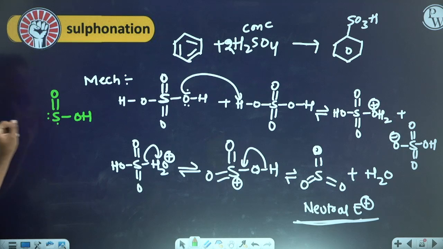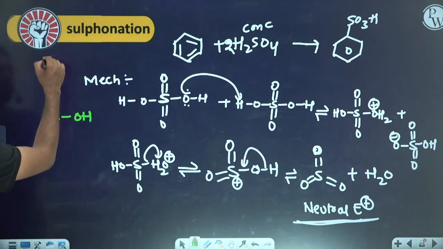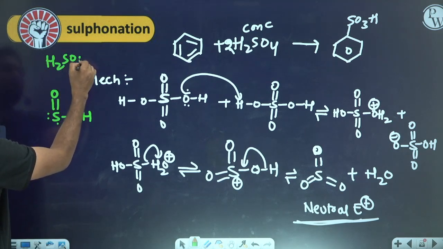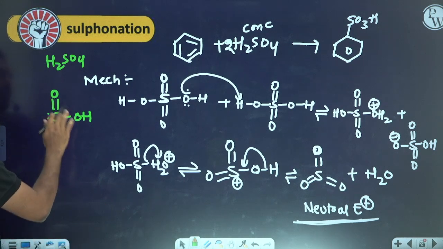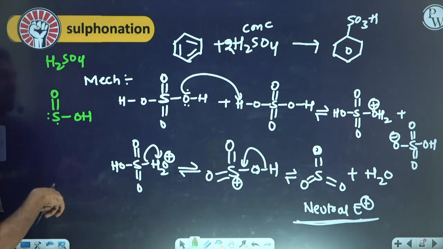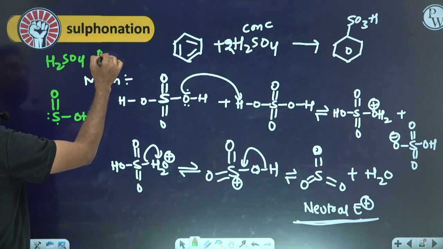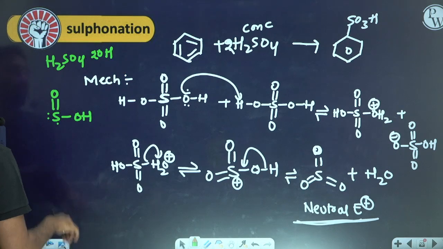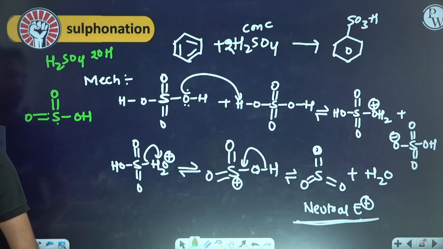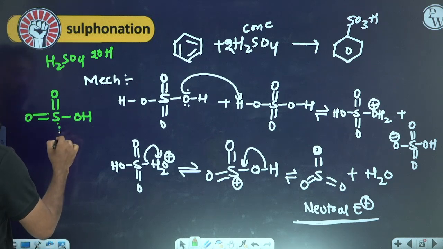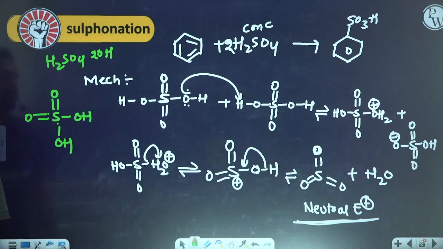Here 2 oxygens and 1 hydrogen have been balanced, and 2 oxygens and 1 hydrogen remain to balance. One oxygen can form a double bond, then another oxygen with 1 hydrogen. This is the structure of H2SO4.